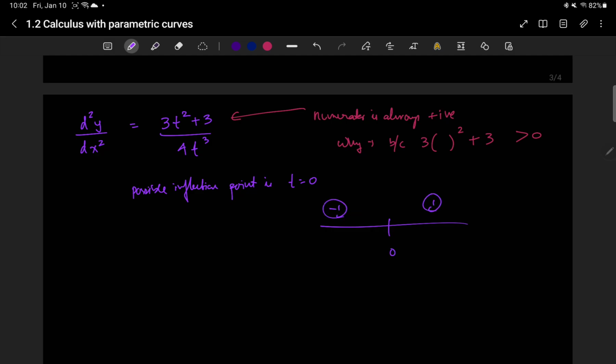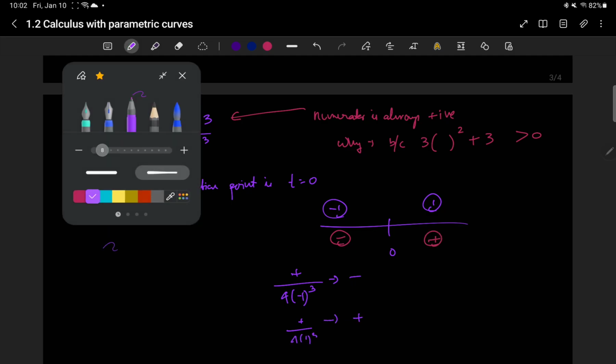So if I take the test point negative 1, I know my numerator is positive, and 4 times negative 1 cubed is going to be a negative number. So negative here. And if I take 1, then again the numerator is positive, and 4 times 1 cubed is going to be a positive number.